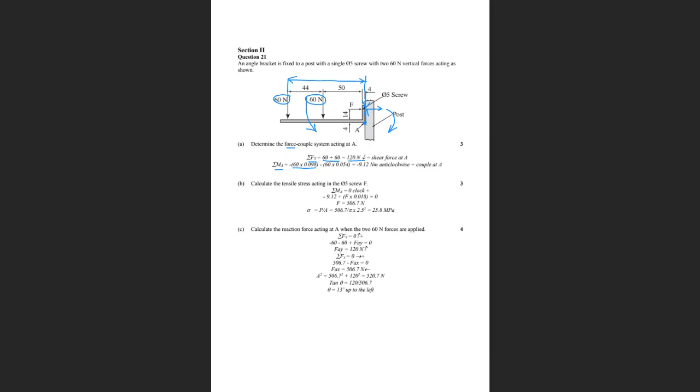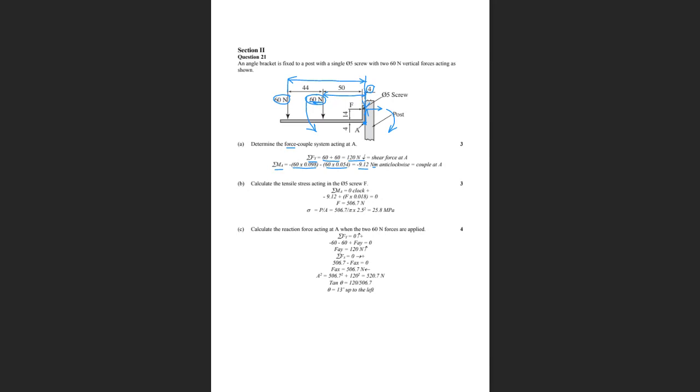So that's 98 millimeters, and then minus this 60 here, and multiply by 54, go right back to here, which is 50 plus 4. A lot of you missed this 4, the thickness of the bracket. And so you get minus 9.12 Newton meters. It's a moment, so it's Newton meters anti-clockwise, and that is the couple at A.